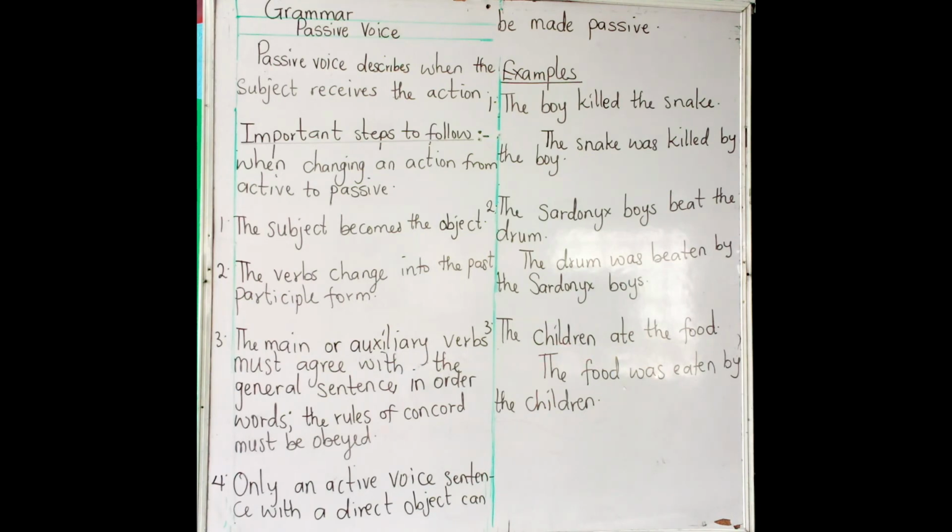So the food was eaten by the children becomes the passive voice that you're using to change the children ate the food. The children, the subject, moves. In the last part of the sentence, it becomes the object. Ate remains normal past tense. Then you move the food, which is the object, turns around and becomes the subject.